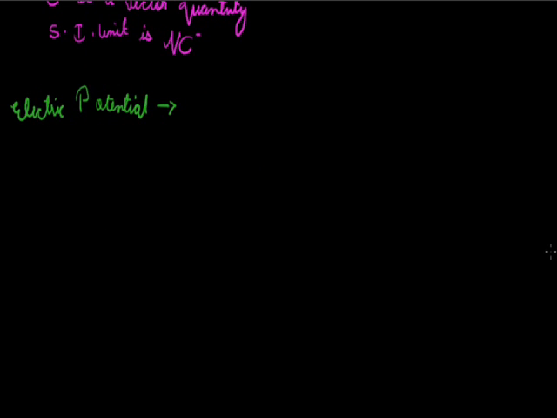Similarly, charges also flow from higher potential to lower potential. The electric potential at a point is defined as the amount of work done in bringing a unit positive charge from infinity to that point against the electric field.